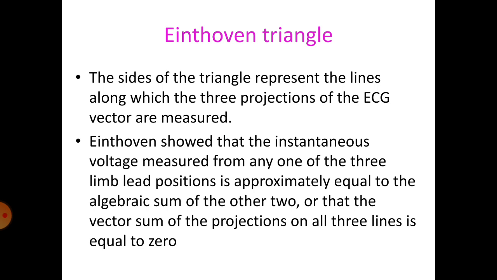The sides of the triangle represent the lines along which the 3 projections of the ECG vector are measured. Einthoven showed that the instantaneous voltage measured from any one of the 3 limb lead positions is approximately equal to the algebraic sum of the other 2, or that the vector sum of the projections on all 3 lines equals 0.